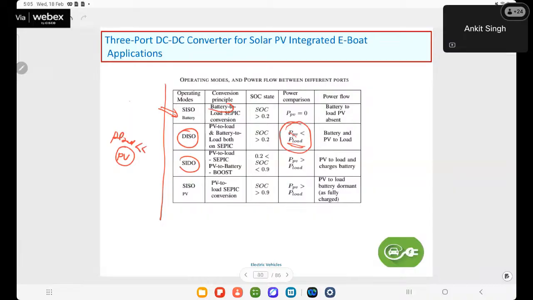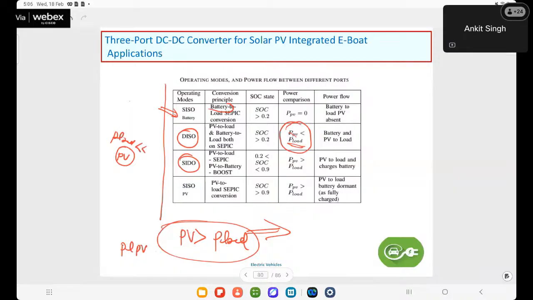There may be a situation where PV is generating more power than the load. This is the important mode of operation in the context of the solar boat. Because solar is at the rooftop of the boat, it may be generating higher power than the load power.